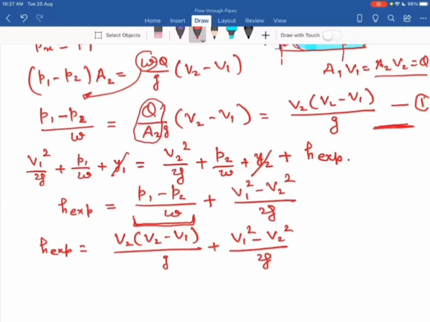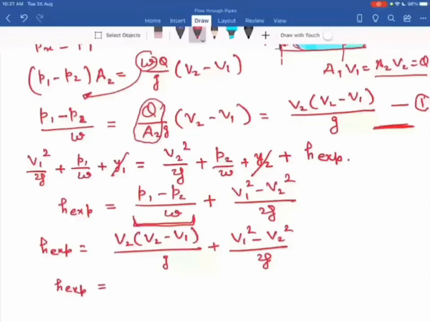Now I solve this term and the resulting equation comes out to be HEXP should be equal to (V1 minus V2) whole square divided by 2G.